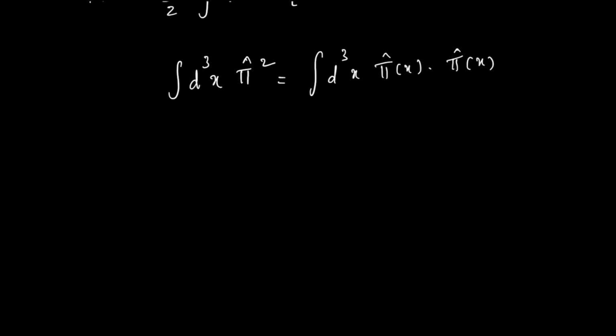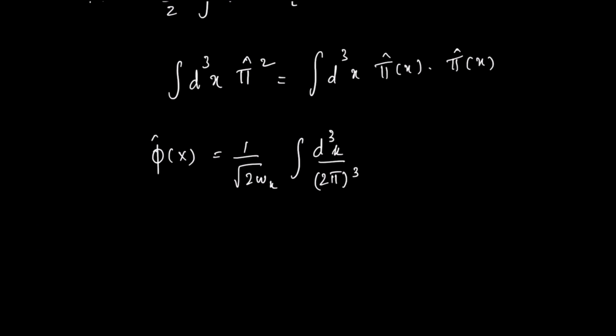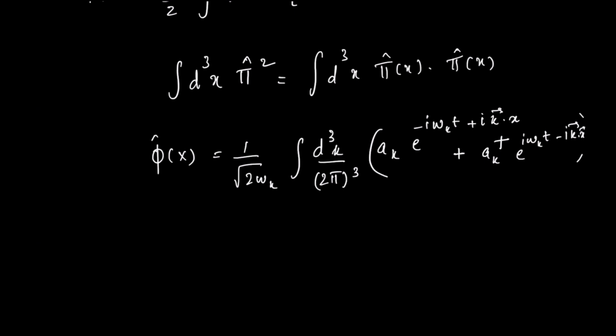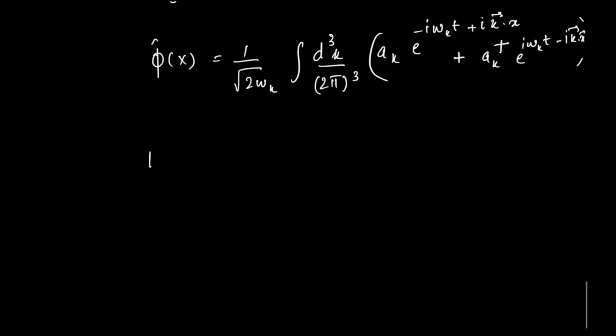I'll write it once again. Phi of x is 1 by root of 2 omega, integral d cube k by 2 pi cube, ak e raised to minus I omega t plus ik dot x plus ak dagger e raised to I omega t minus ik dot x. Okay, this is phi. Now what is pi?